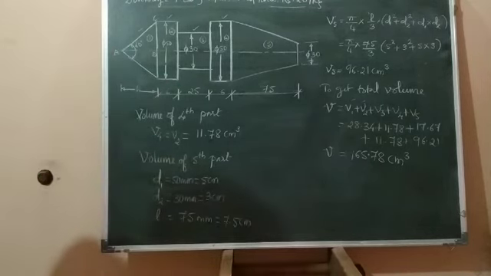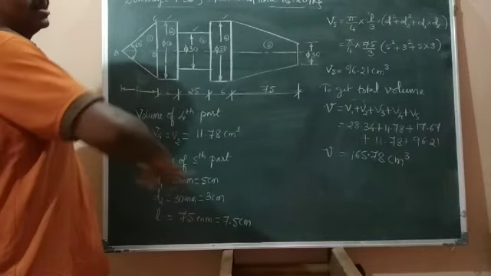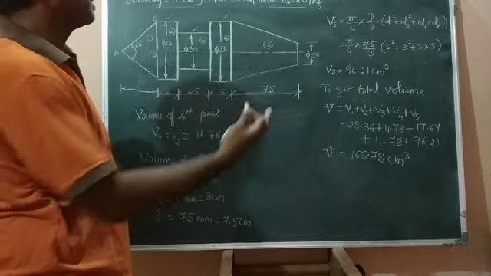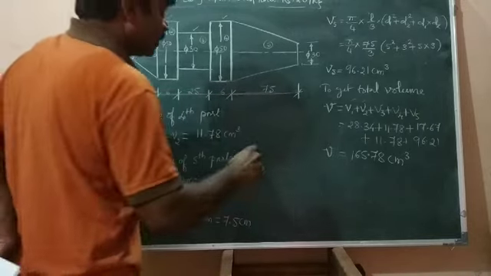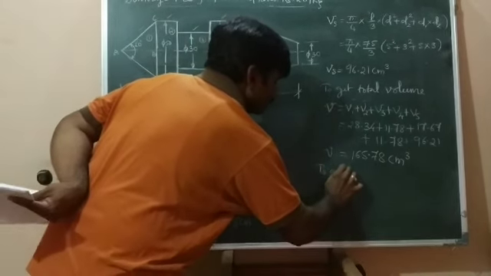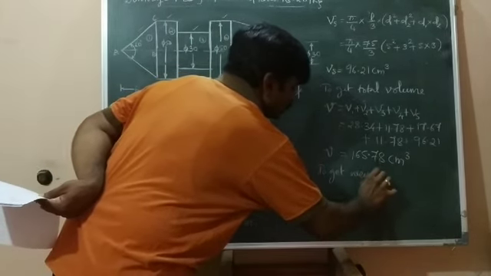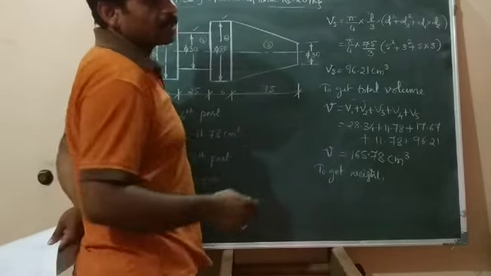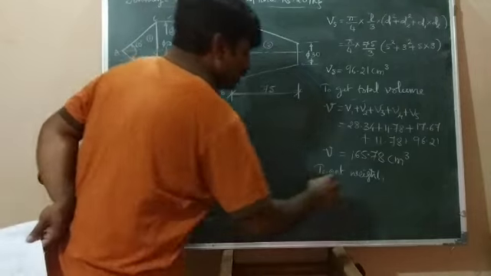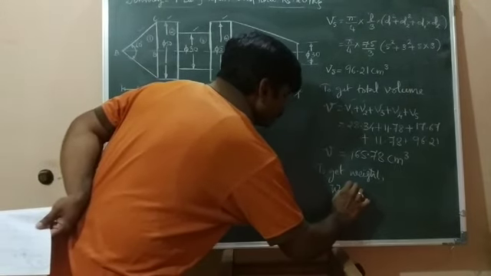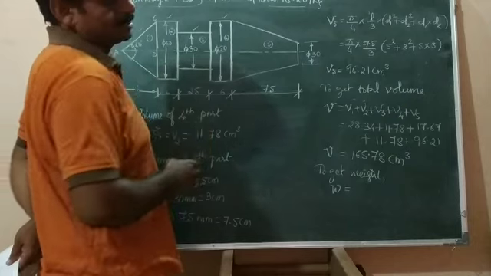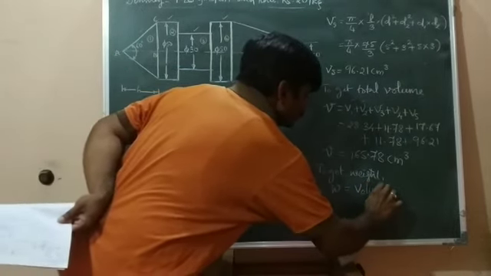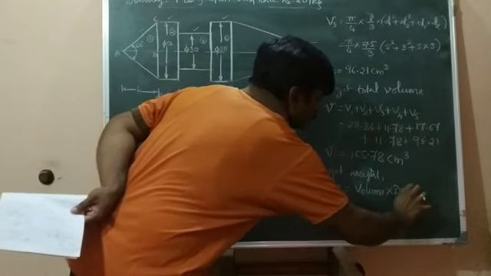So according to the procedure, once we get the total volume, we need to multiply that total volume by density to get total weight. So to get weight, I need to multiply the total volume by its density. Let the weight of the object be denoted by W. So volume into density.